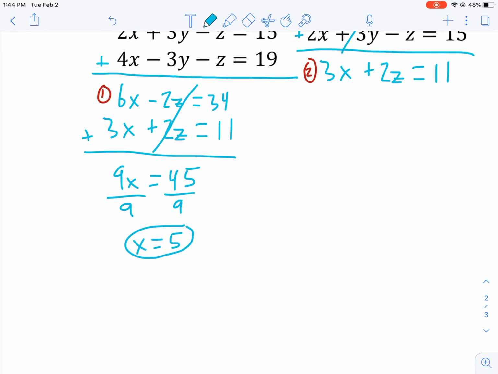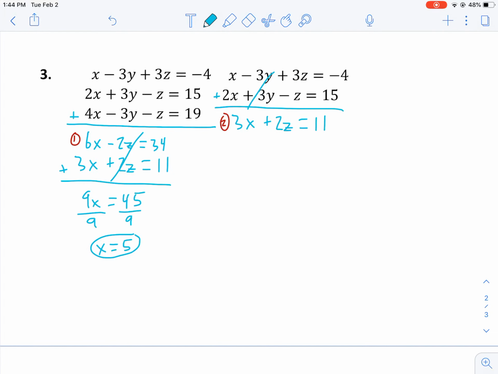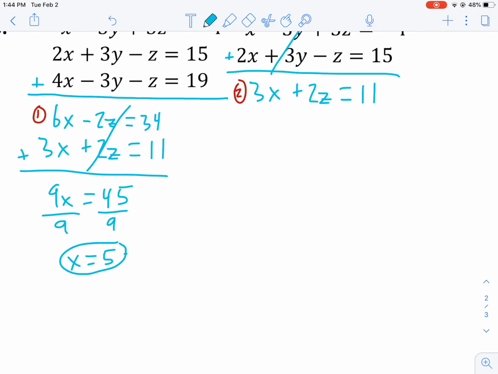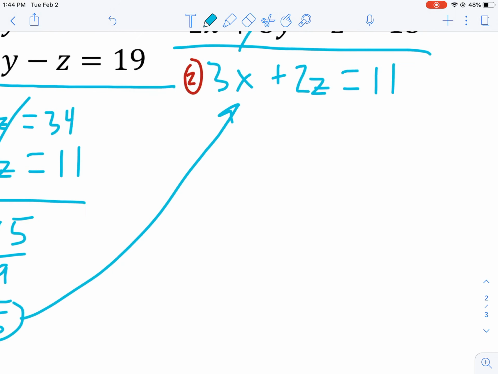And there we go. So we got our first letter. So that's basically, we had to do the elimination method, notice, 3 times. We had to use it to get a 2 by 2, and then we used it to solve the 2 by 2. Now that we have x, we can plug it back in right there. So we get 3 times 5 plus 2z equals 11.